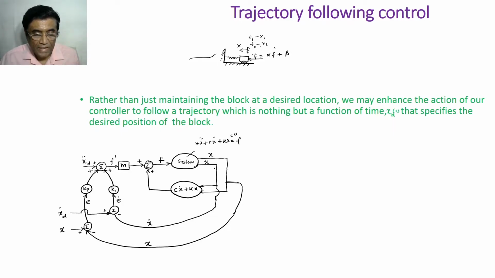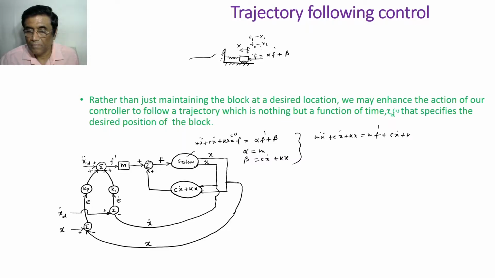And as usual, I have decided that this will be alpha, where alpha will be m and beta will be c x dot plus k x, so that my control force will be equivalent to, see, if you put it here, then m x double dot plus c x dot plus k x equal to m x.